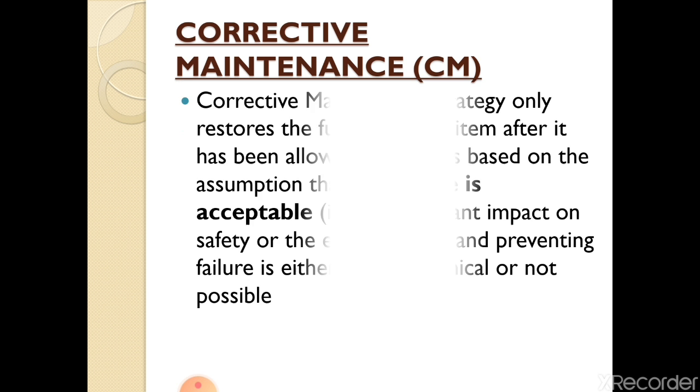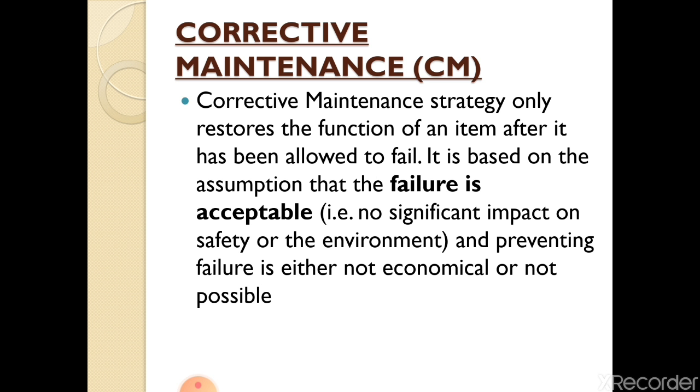The second type of maintenance management is corrective maintenance management. Corrective maintenance management is a strategy to restore the function of an item after it has been allowed to fail.